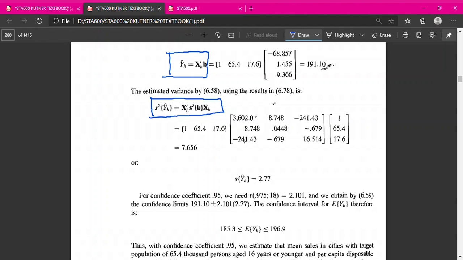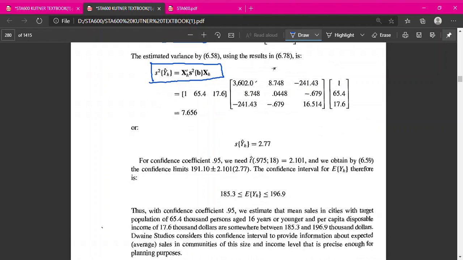Okay, kat sini dia gunakan this formula because we have the variance-covariance matrix tadi earlier. Okay, multiply these two matrices, then you akan dapat this matrix. Ni adalah variance. Okay, in order to find the confidence interval for the mean response, you need the standard deviation. So apply the formula. So you will put here. Then you akan dapat this formula. This confidence interval for the mean response.